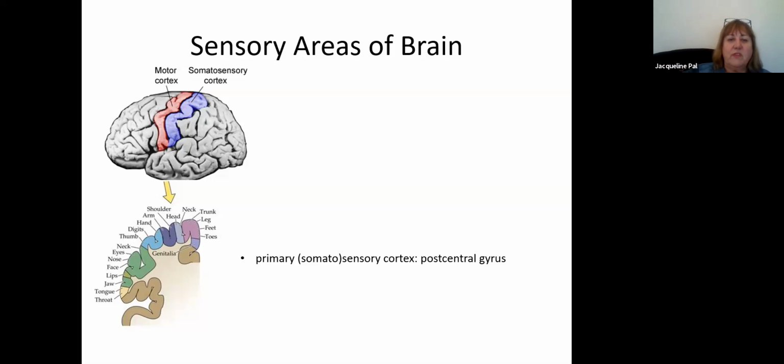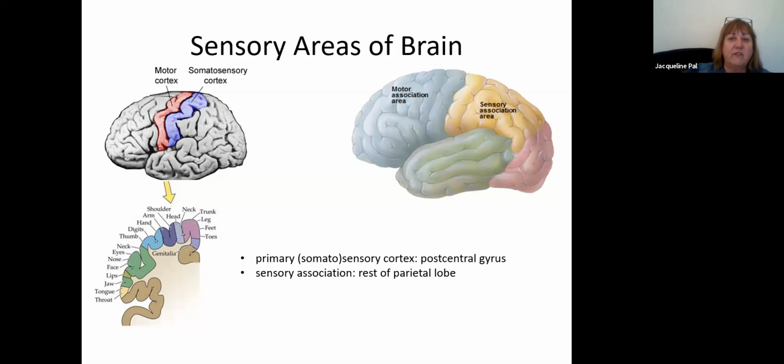Okay, so that is the primary somatosensory cortex, and then it's going to have an association area as well, which is just going to be more posterior in the parietal lobe. And by the way, this postcentral gyrus also has a little homunculus, which is mapped out. So areas that have greater sensory input are going to have greater representation.